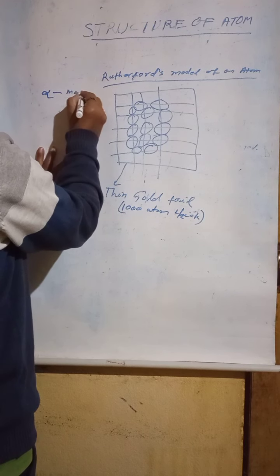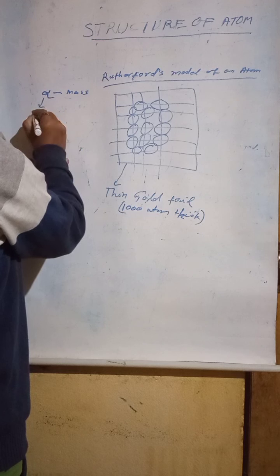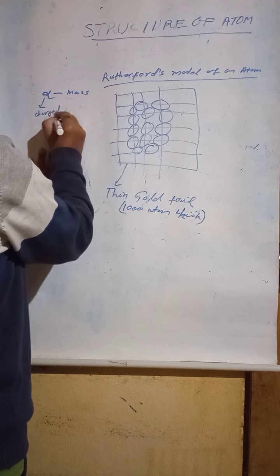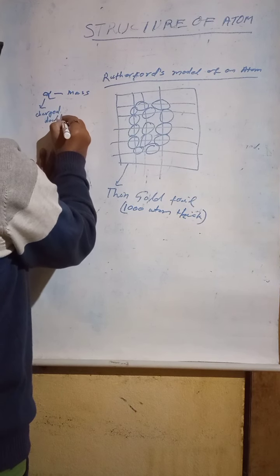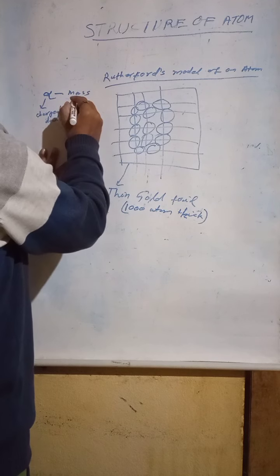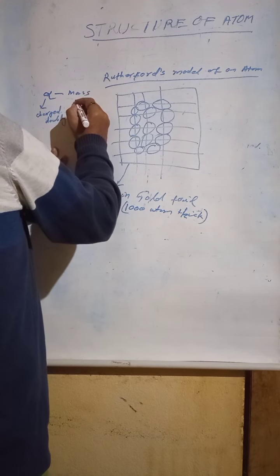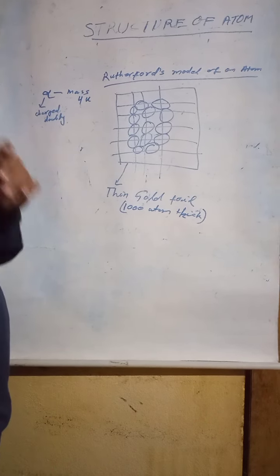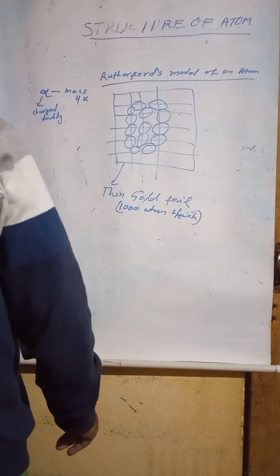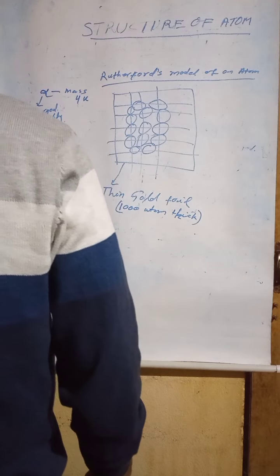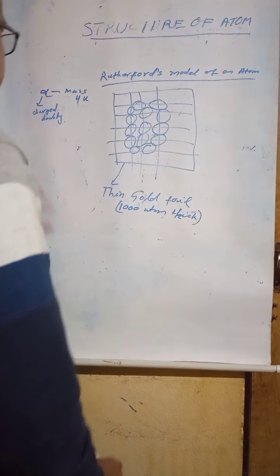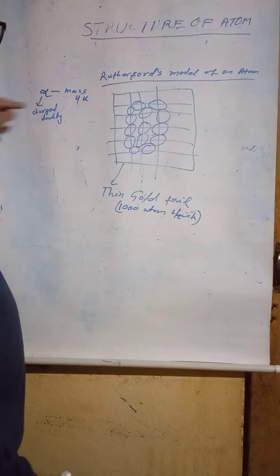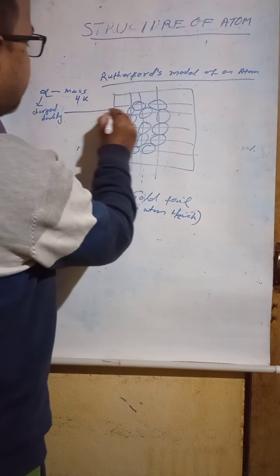Doubly charged, double charge, and a mass of 4u. 4u means 4 units of atomic mass. So because of mass and double charge, the fast moving alpha particle has a considerable amount of energy.